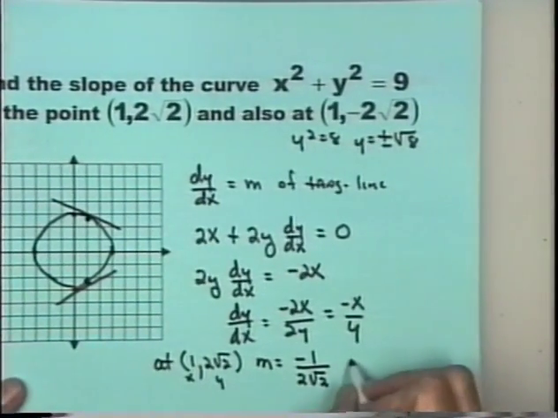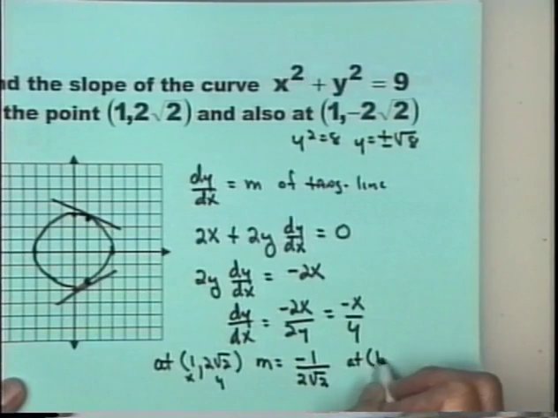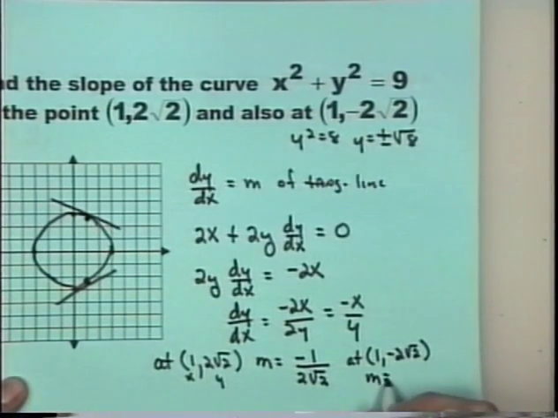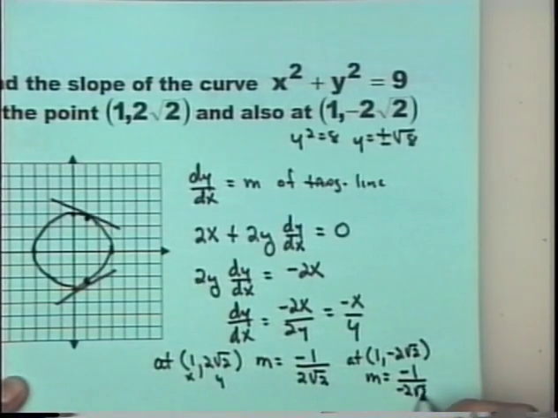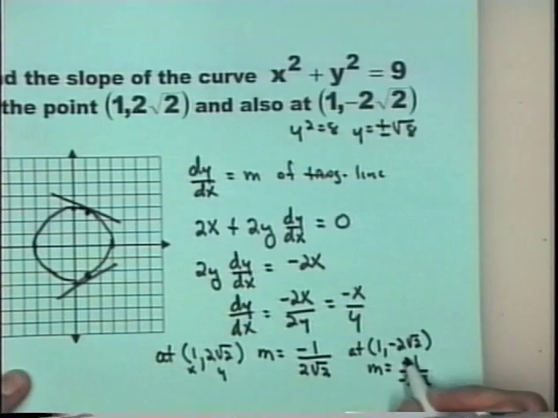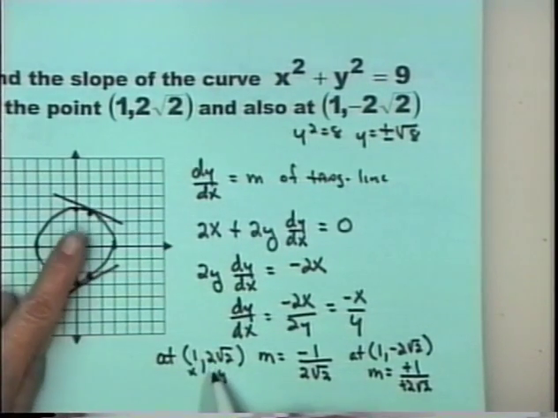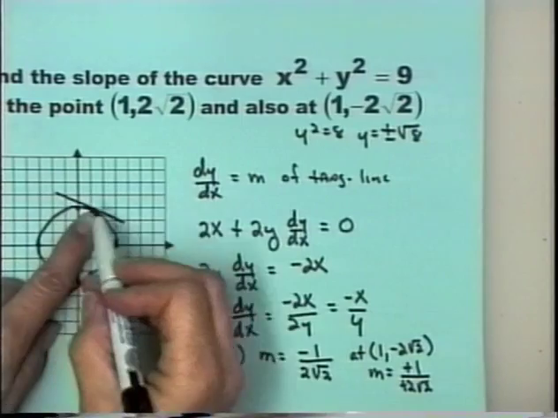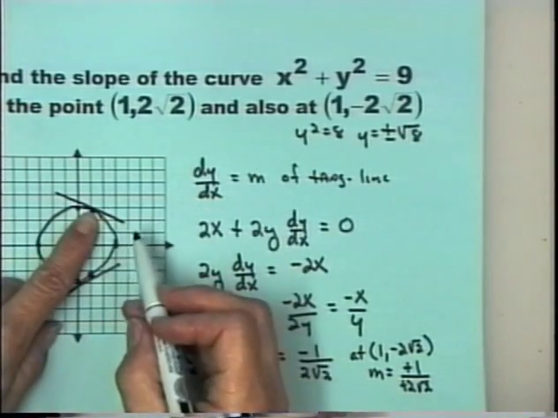At the point (1, negative 2 square root 2), my slope would be the negative of x, negative 1, over the y, negative 2 square root 2, and of course a negative divided by a negative is a positive. Notice at the point (1, 2 square root 2), we got a negative slope, and that's consistent with the way our tangent line is sloping down, isn't it?